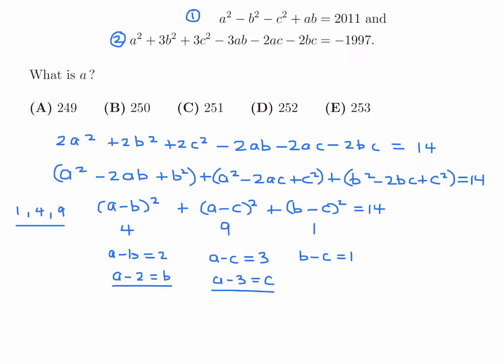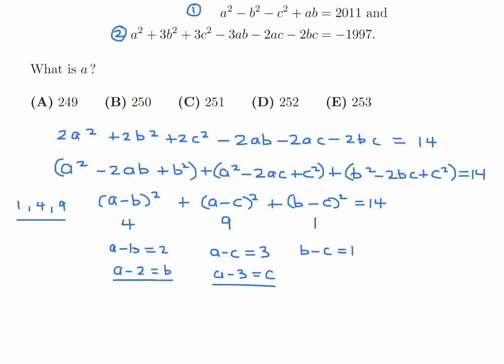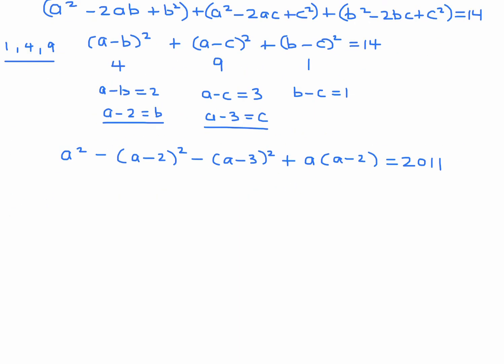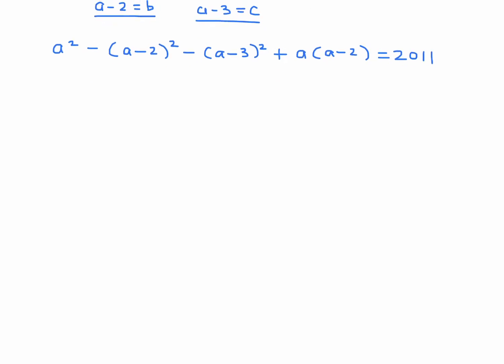So let's do that. We've got a squared minus b, which is (a minus 2) squared, minus c, which is (a minus 3) squared, plus a times b, which is a minus 2. And that is equal to 2011. So we have a very manageable equation now. Let's do the algebra here.